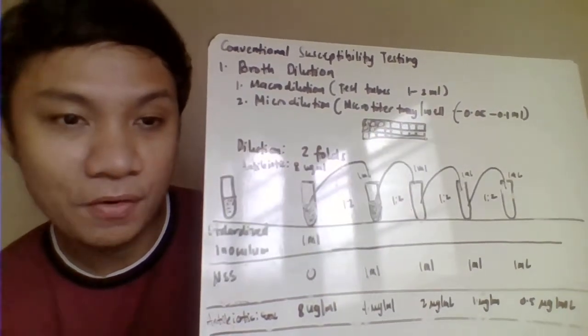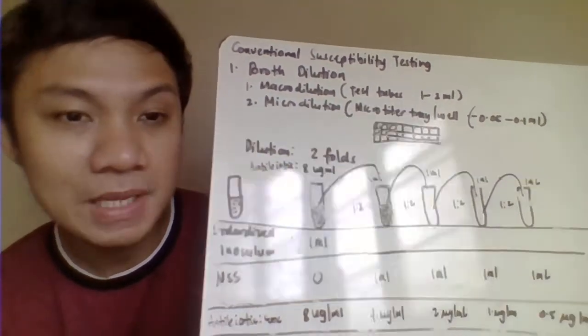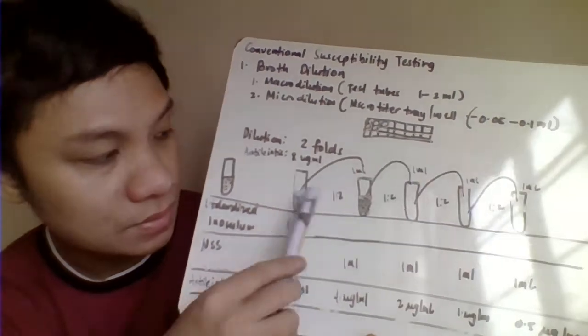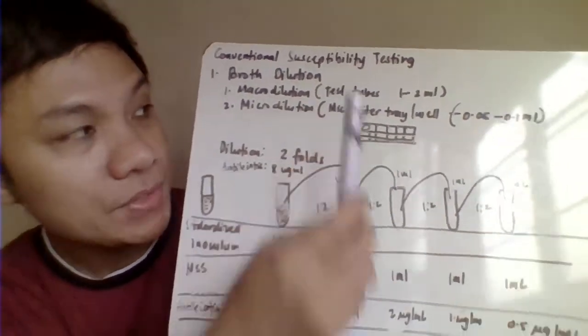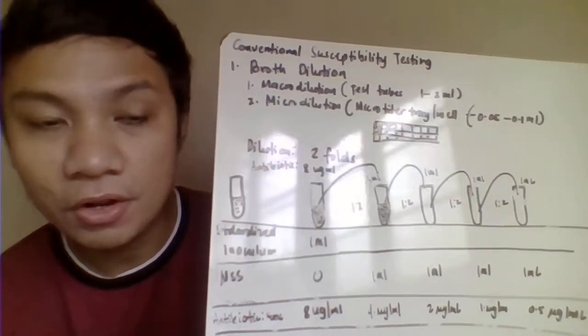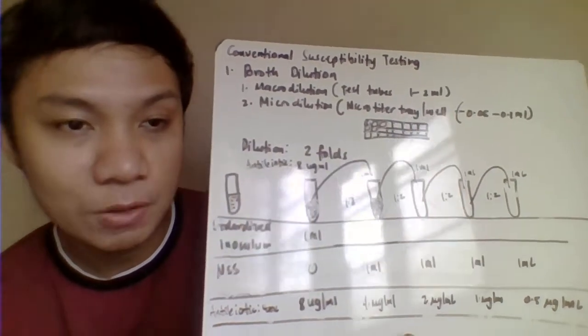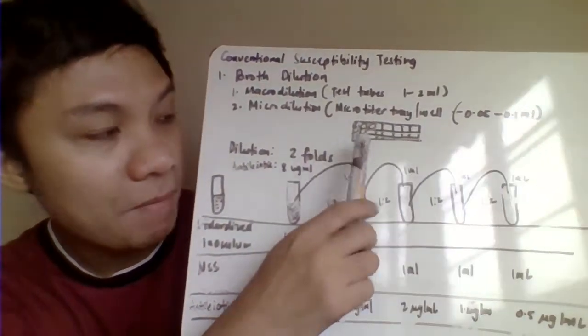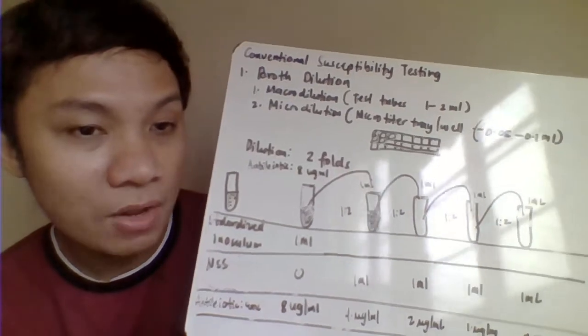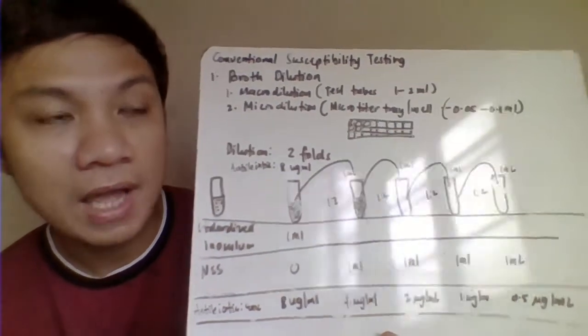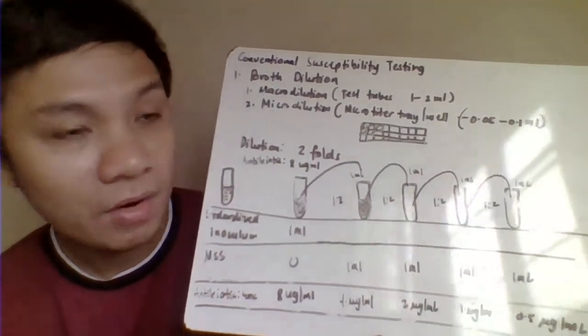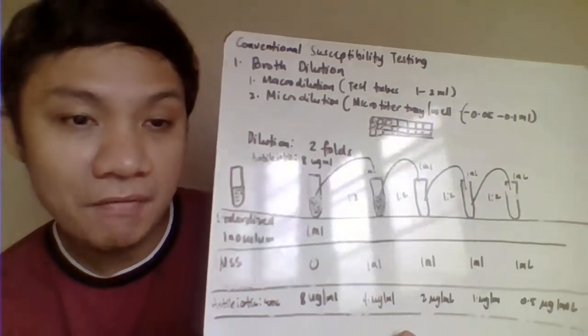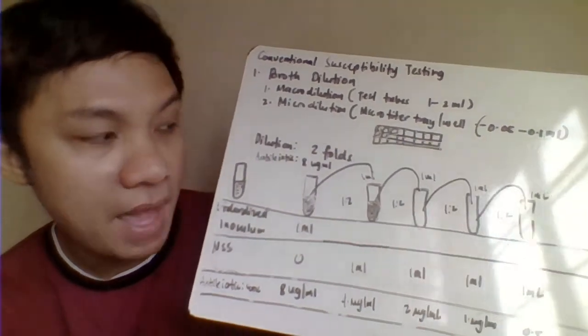We have the macro and your micro. The macro is carried out using your test tubes, approximately 1 to 2 ml. Or you could also use your microdilution with the use of your microtiter well or tray, which could accommodate a volume of 0.05 to 0.1 ml.